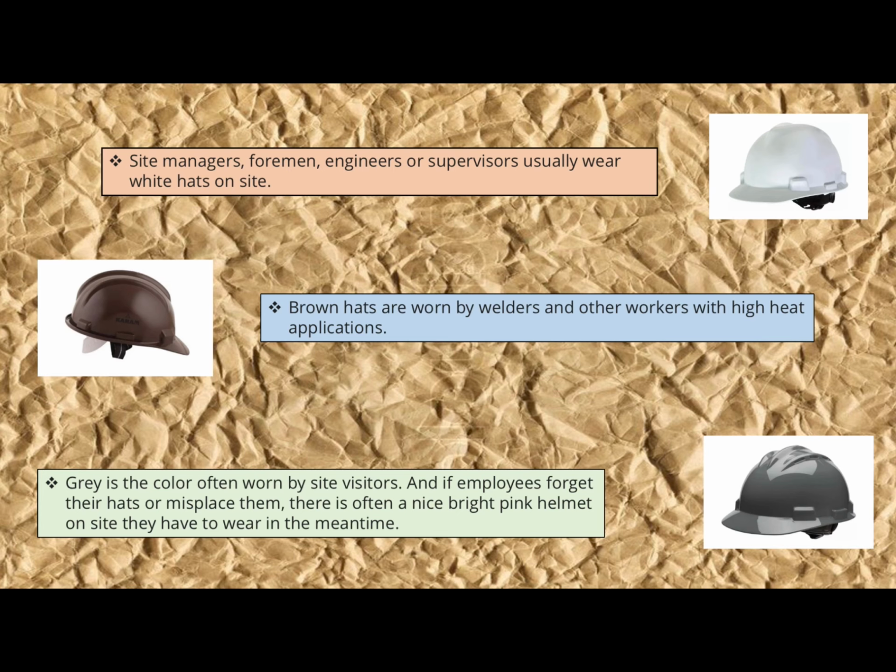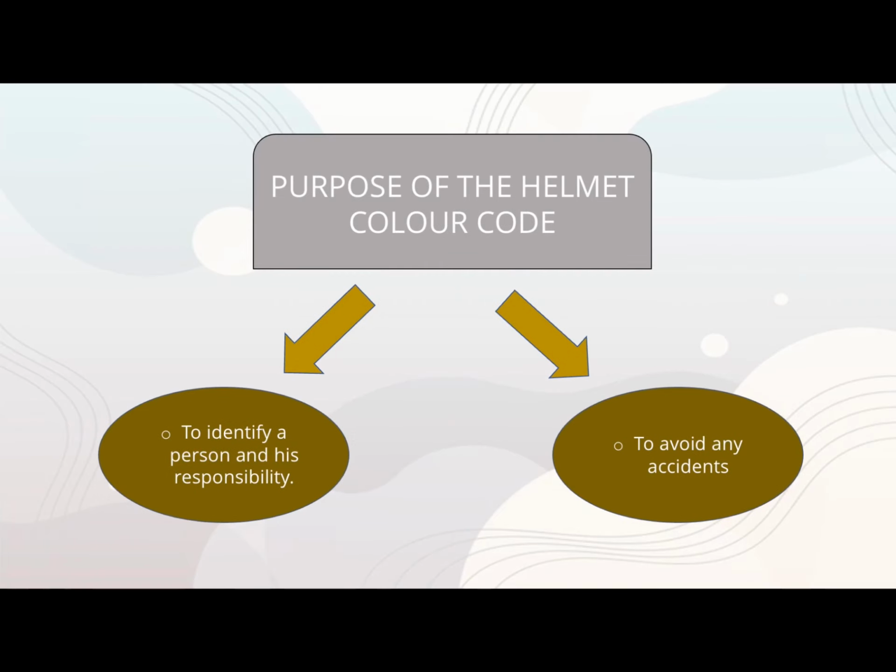And the last one is the grey hard hat. Grey hard hats are usually used by site visitors. The purpose of the hard hat color codes is to identify a person and his responsibility and to avoid any accidents.